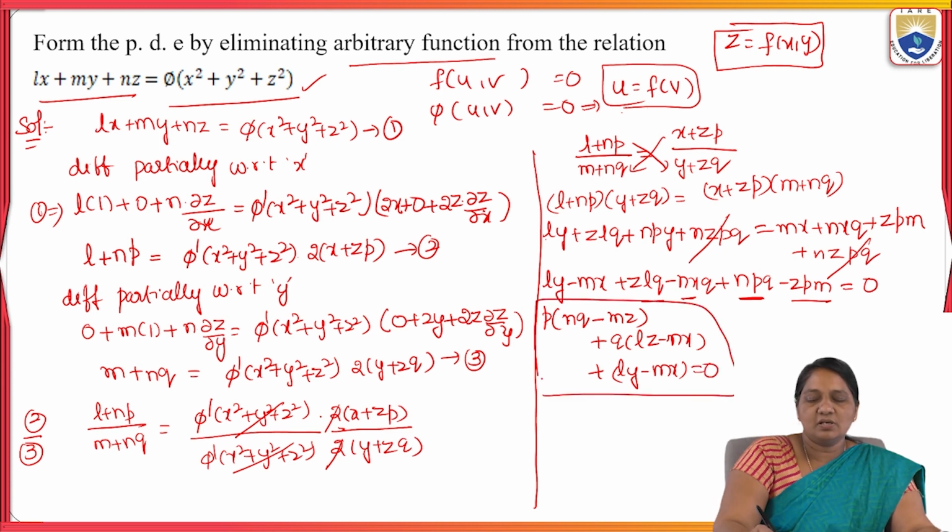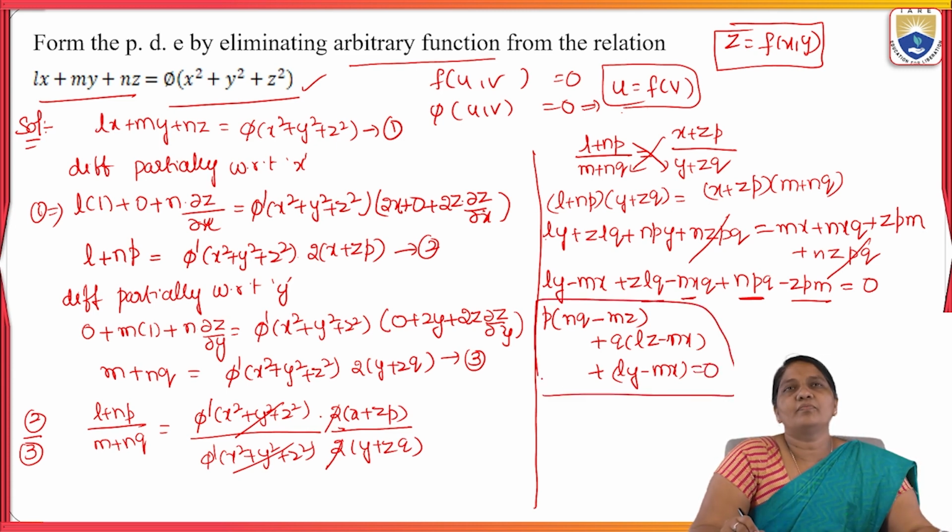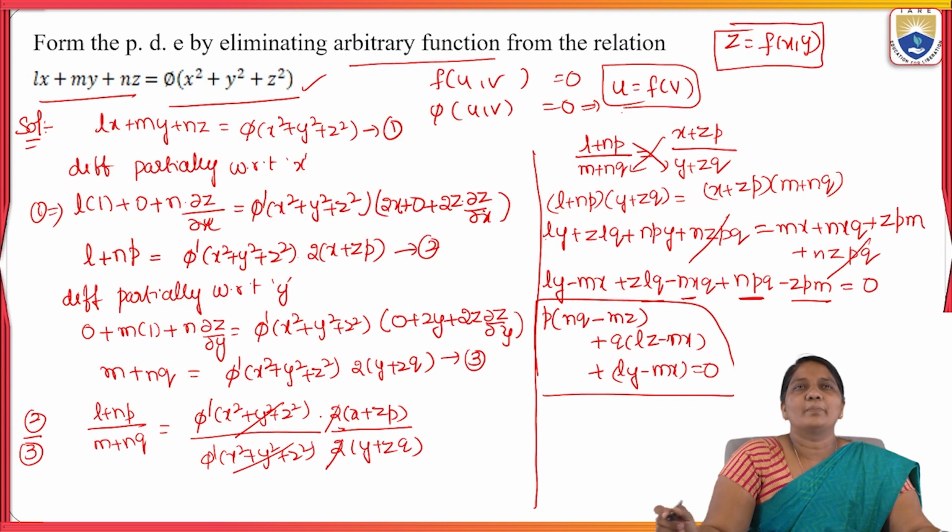So this is the final equation of the PDE. This is the way to eliminate the given function from the relation to form a PDE.